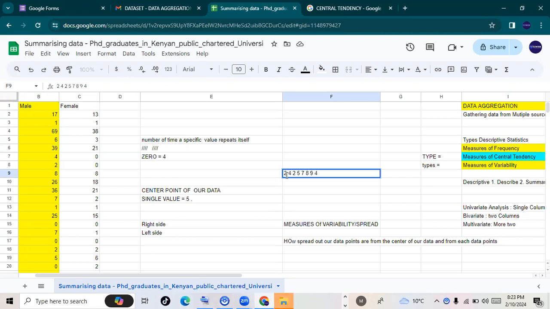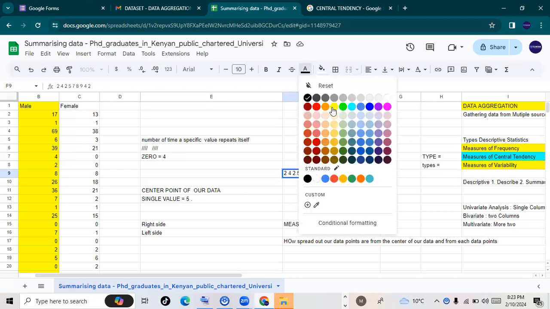How many? 1, 2, 3, 4, 5, 6, 7, 8. So 9. No, this should be 2 again. So now we can pick 7 as our center.